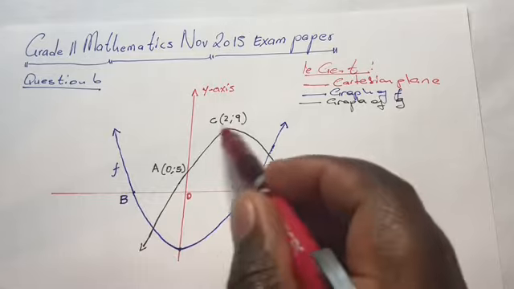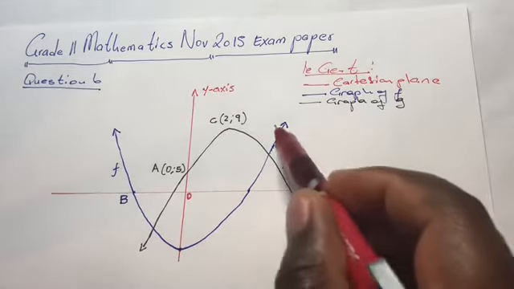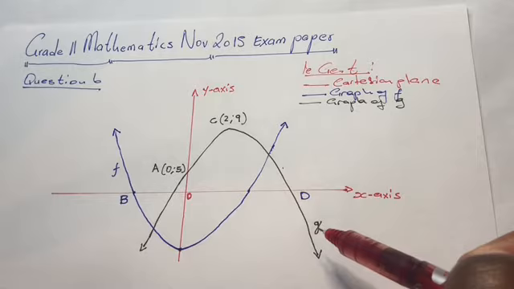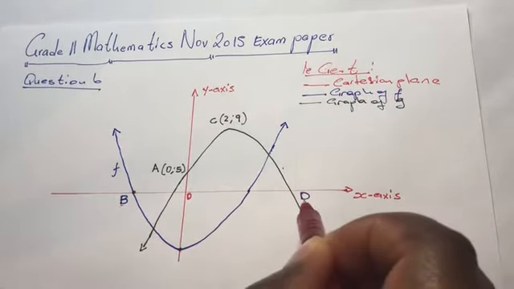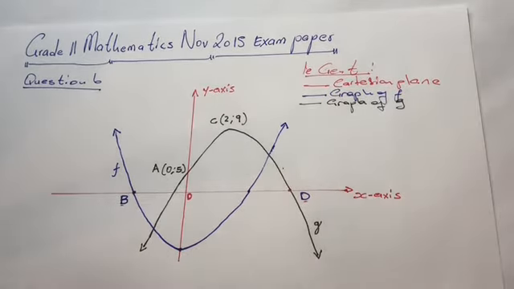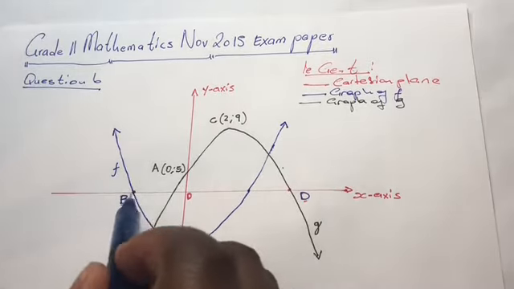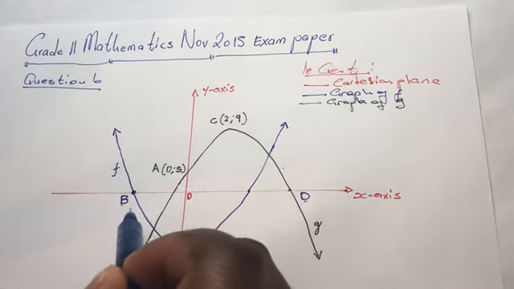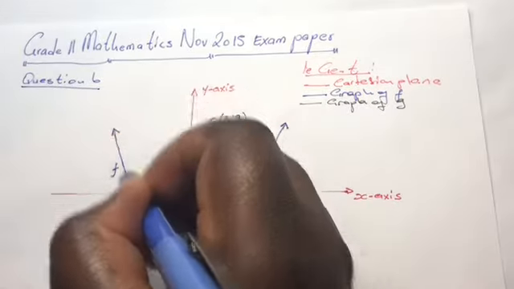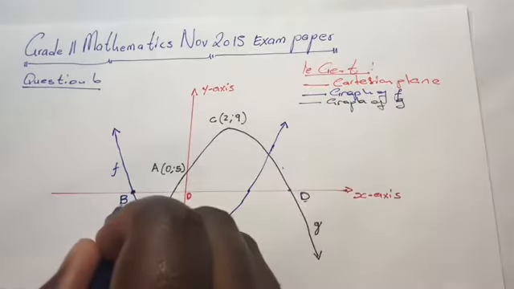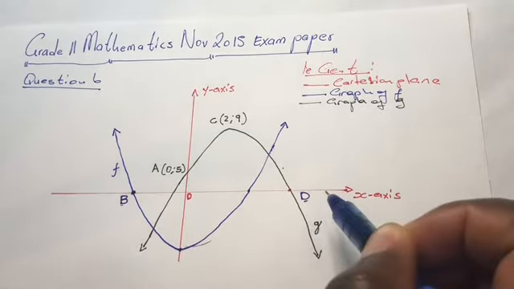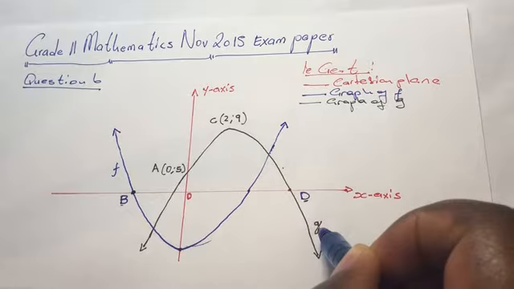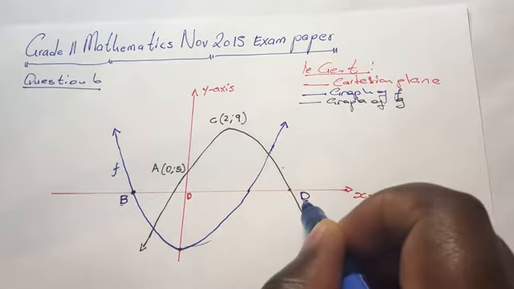You've got your graph of g, and you also have your graph of f. You have your coordinates there, which is B, and a coordinate there, which is D. But now you need to be careful. This is the x-intercept of the graph of f, which is named B. Then you have the x-intercept of g, which is named D.